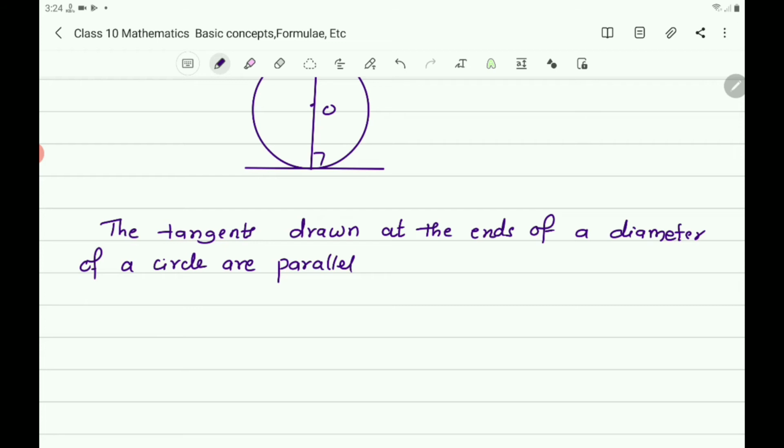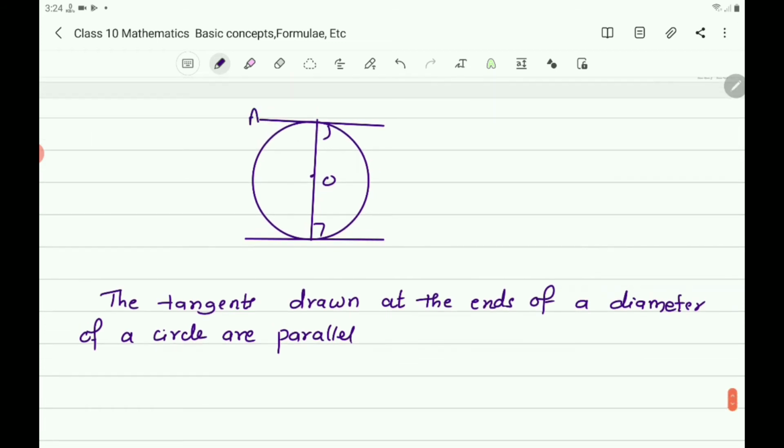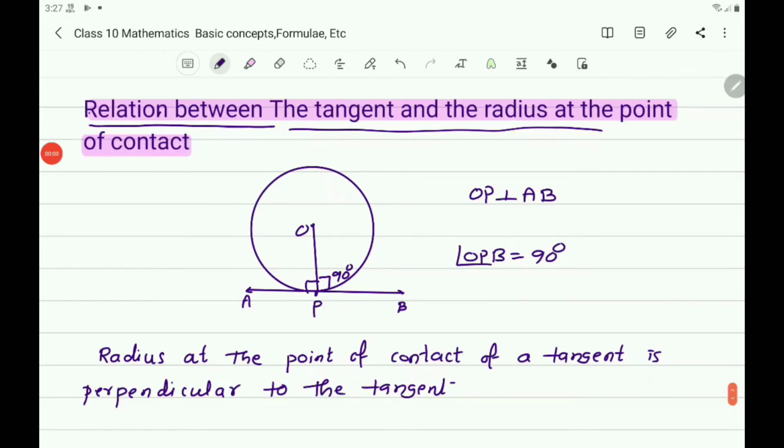If you consider AB and CD as tangents touching the circle at points P and Q, the points of contact, you know the measurement of these angles. The four angles are 90 degrees, and AB is parallel to CD. That is one of the important concepts.